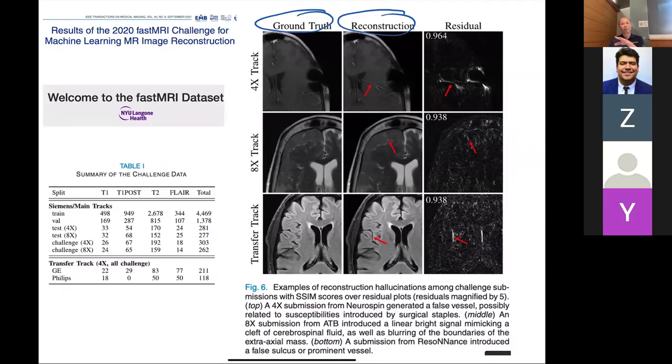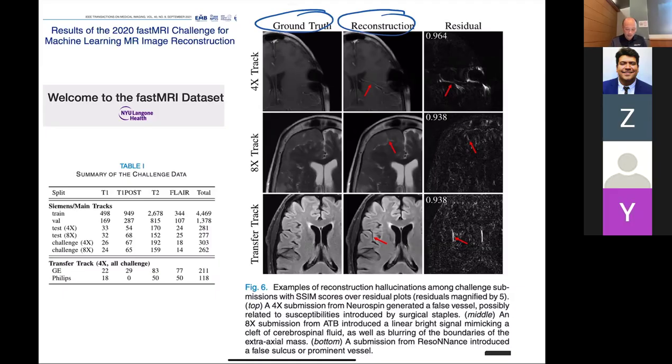So the image it comes up with looks like it could be possible. But here's the case in a diagnostic setting: if it puts in a spot and it looks very realistic, that's a problem, because now the radiologist goes, well, is that a real spot or is that a hallucination?